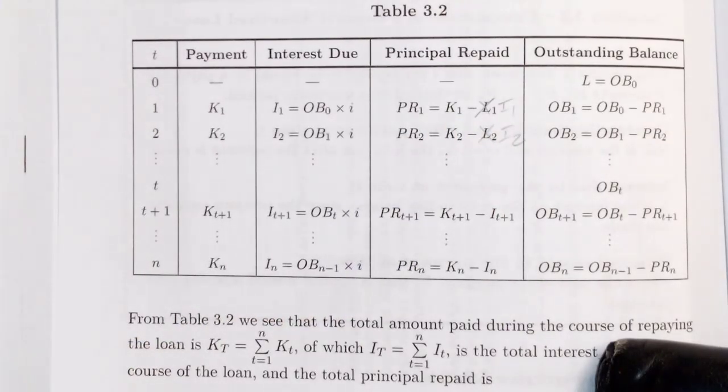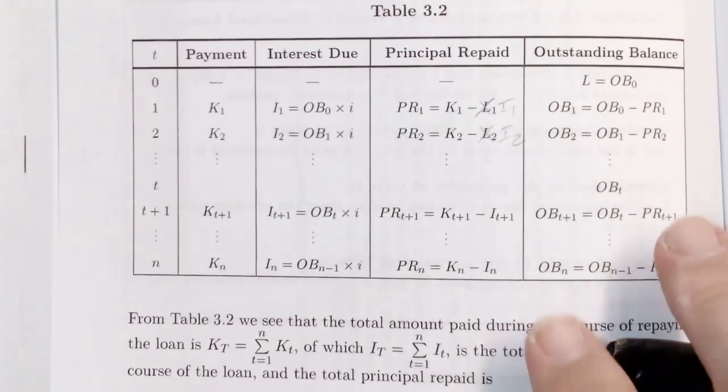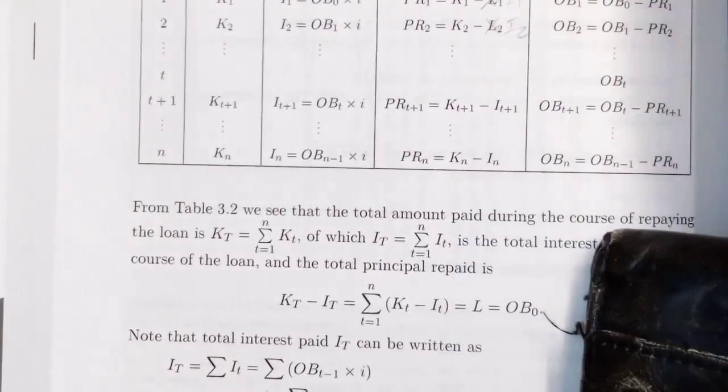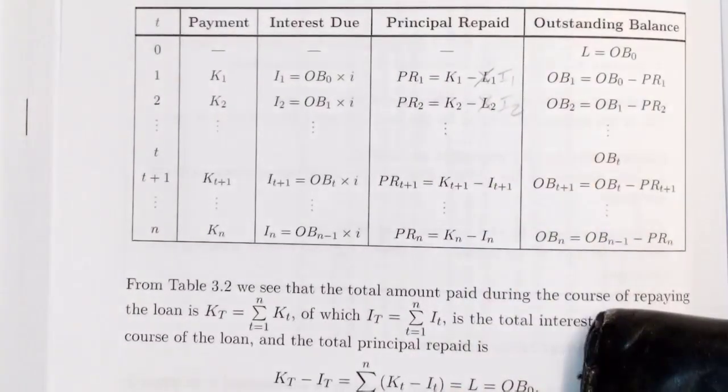There is no L1 or L2. There's only one loan amount, L. So that should be I1 and I2. It's just a typo. They did fix it down here in the general version, but they screwed it up on the first 2 lines. So please make a note on page 160, that's a mistake.